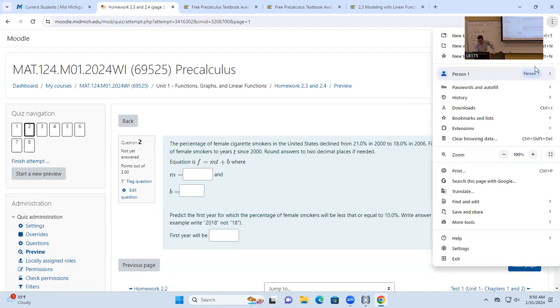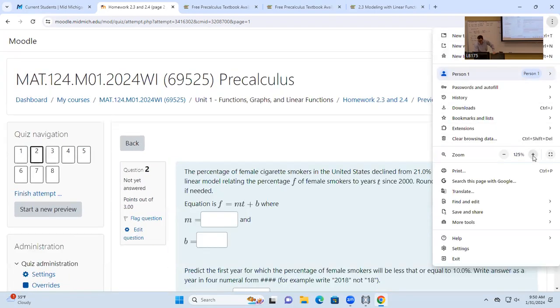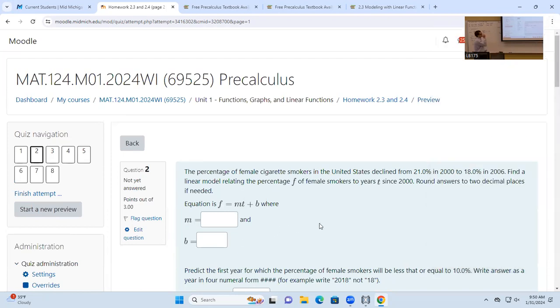On this one, this is the percentage of female cigarette smokers in the United States. It was 21.0% in 2000, and then 18% in 2006. Find a linear model where t is the year since 2000. So t of 0 is 2000, right?